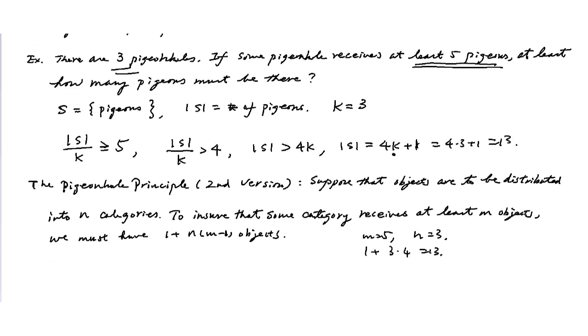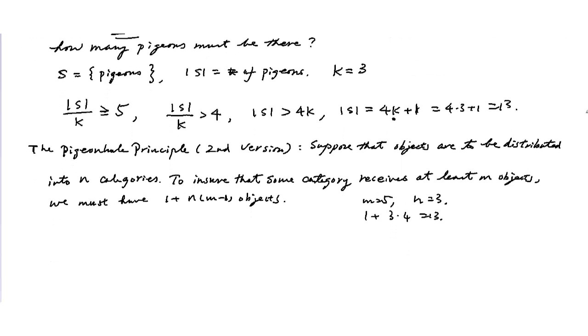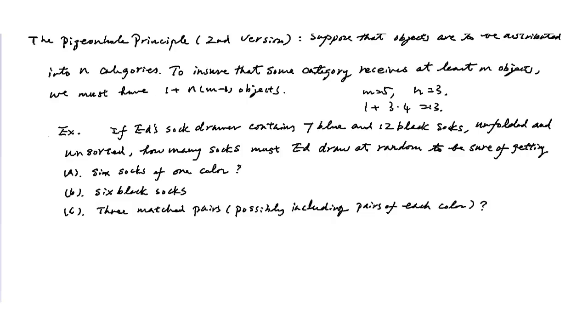Let's look at another example, and the next example is also in the book. If Ed's sock drawer contains 7 blue and 12 black socks, unfolded and unsorted, how many socks must Ed draw at random to be sure of getting A, 6 socks of one color, B, 6 blue socks, C, 3 matched pairs, possibly including pairs of each color?